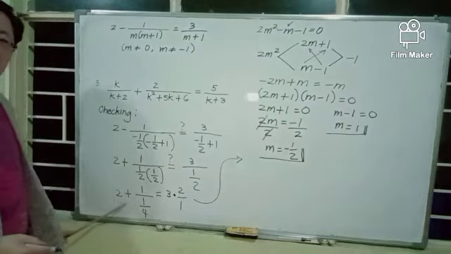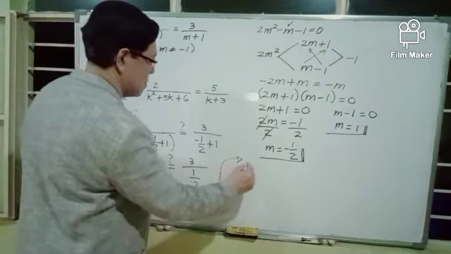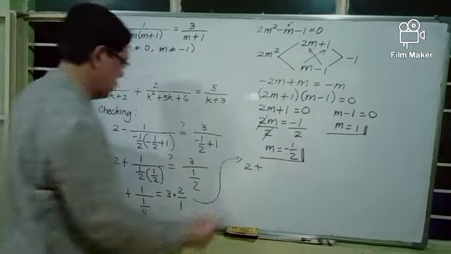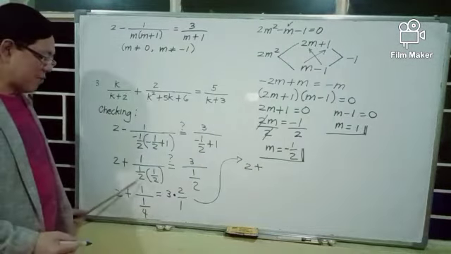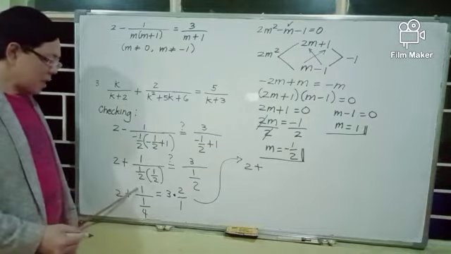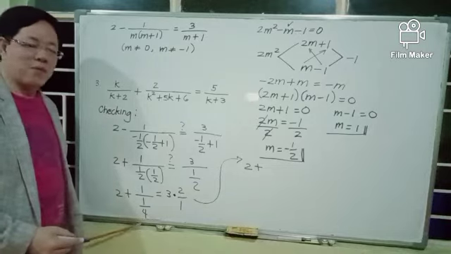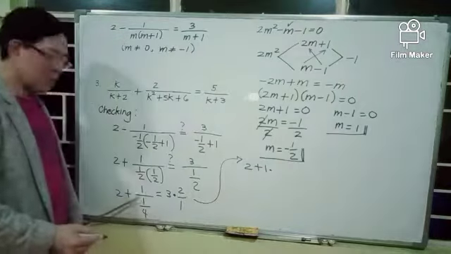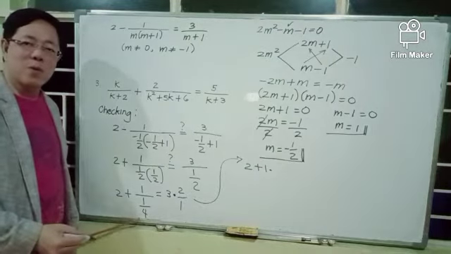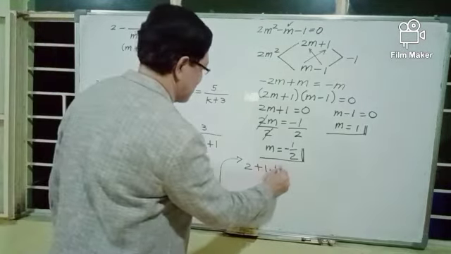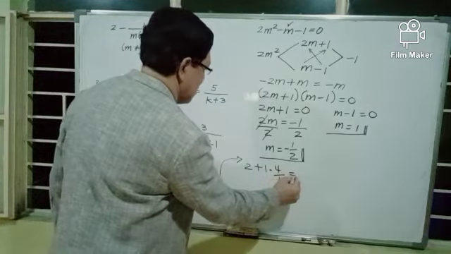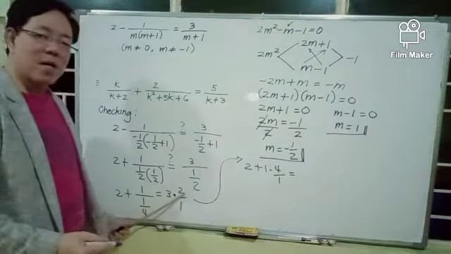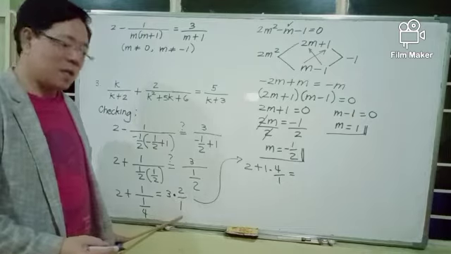We have 2 plus, again to simplify this fraction, multiply 1 by the reciprocal of 1/4. 1 multiplied by the reciprocal of 1/4 is 4 over 1. Equals 3 multiplied by 2 is 6, divided by 1 is 6.